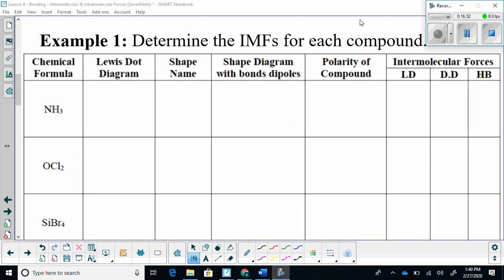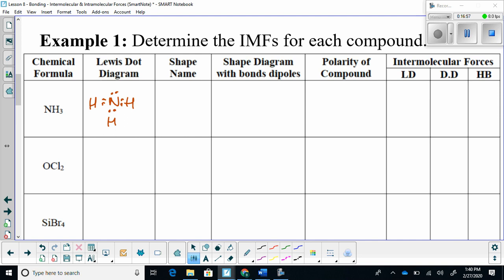Okay, I'm going to draw the Lewis dot diagrams here and you'll help me identify the shapes. We have ammonia here, ammonia. It looks like this. I've noticed that some of you have started cheating with your Lewis dot diagrams. We're not there yet. You still need to count the electrons, okay?